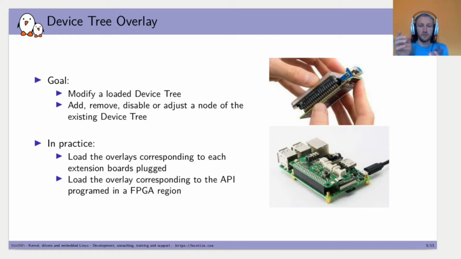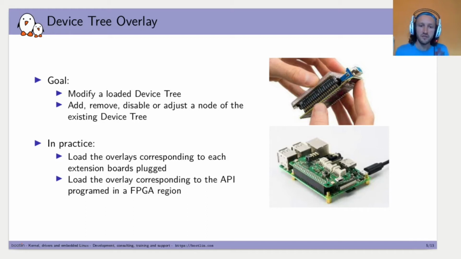Each extension board is a device tree overlay, and so when you plug in a board you can load the right overlay, and you don't need to write one whole device tree for each combination of the main board plus the extension board.